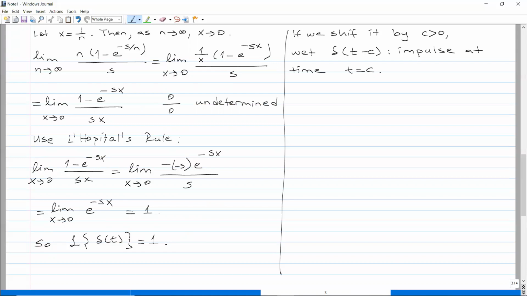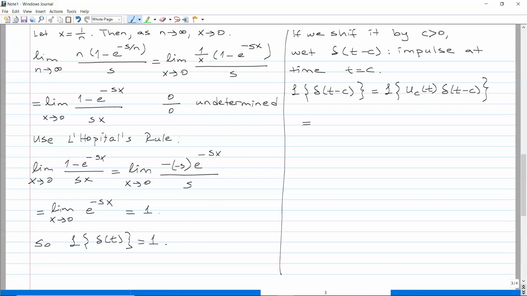Okay, then what is the Laplace transform of this shift? Since the function is not 0 only at the point t equals c, you can consider this as multiplied by the unit step function at c. For t equals c, remember the unit step function is 1. So for t equals c, we have delta. And otherwise, since delta is 0, this product is also 0.